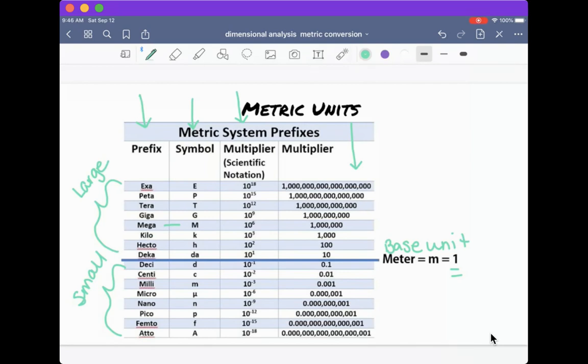Usually in a smaller chart, you'll just get the prefix, the symbol, and the scientific notation multiplier. Now, what this multiplier is telling you is how many of your base units fit into your prefix. All right, so basically these are your equalities. They're just put in a column in tabulated form. So for instance, what this chart is telling me, let's look at the kilo here.